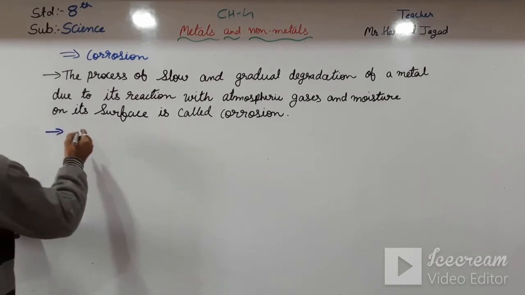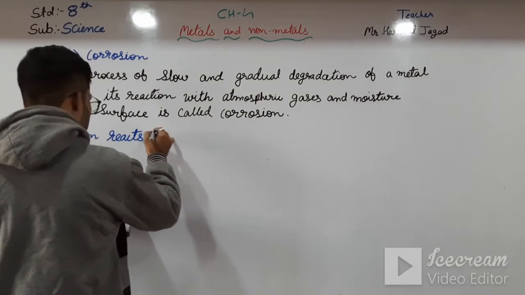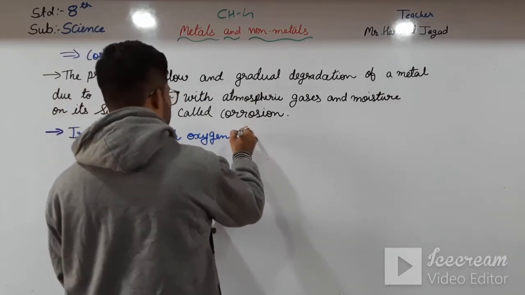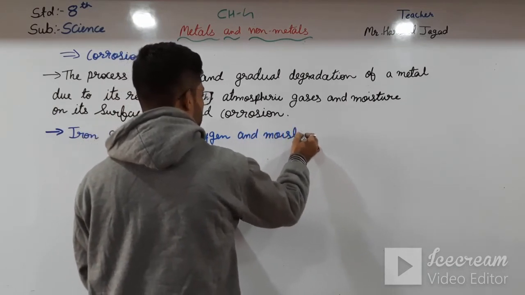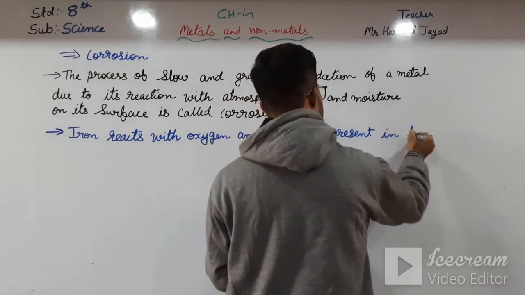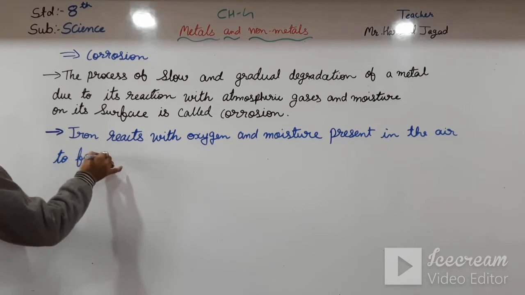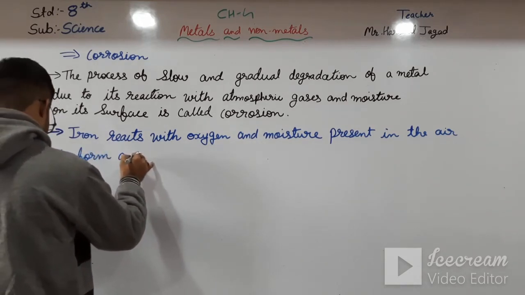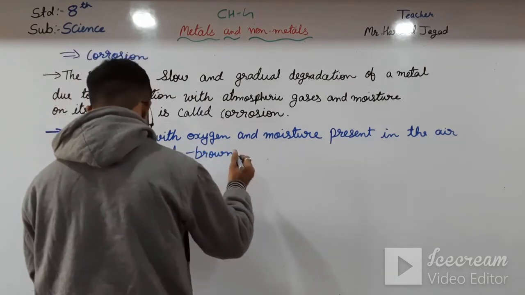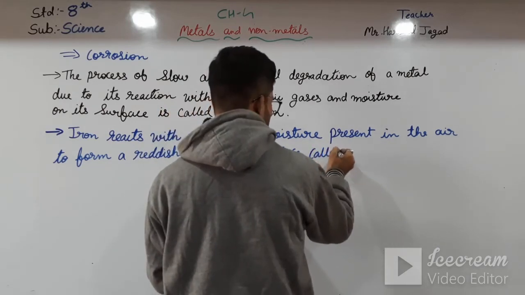Iron reacts with oxygen and moisture present in the air to form a reddish brown substance called rust.